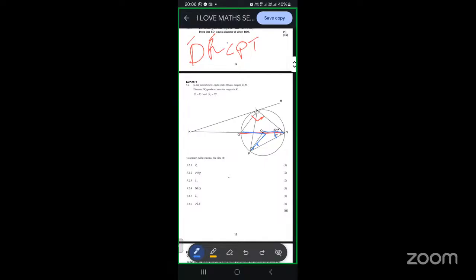We are at C, the cyclic quad. Now, is there any cyclic quad that exists in this diagram? No. Check carefully.